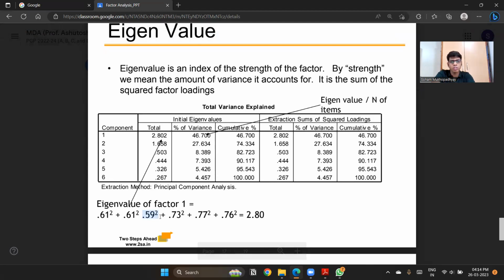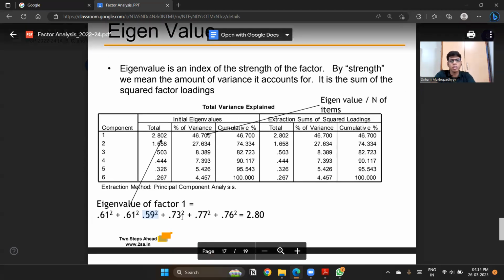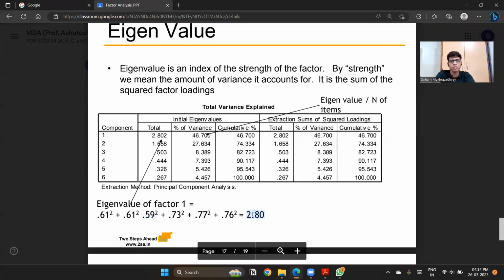So like this, you are adding up all the squared factor loadings of that particular factor to get this eigenvalue. And as a checkpoint, you have to extract only those factors which have an eigenvalue greater than 1. So let's say in this solution, there are two factors which have an eigenvalue greater than 1.